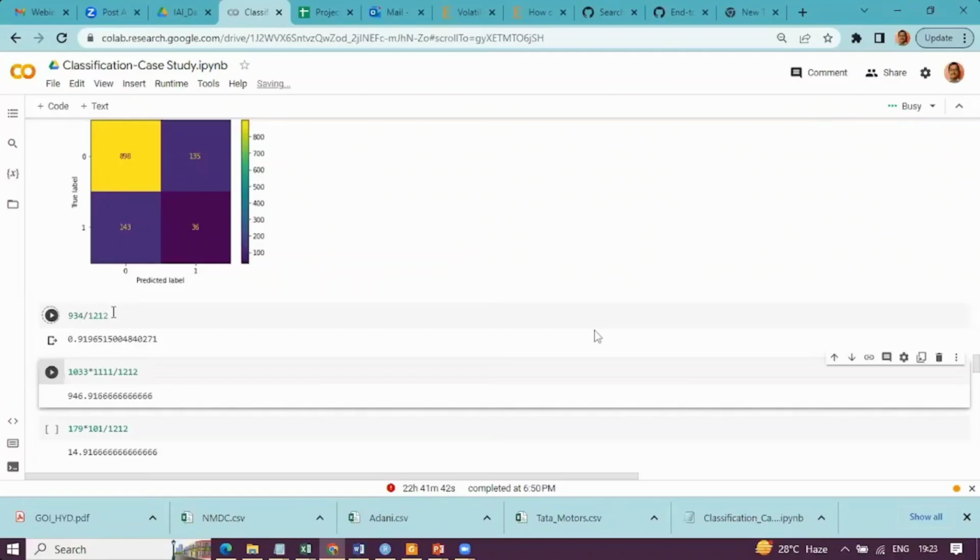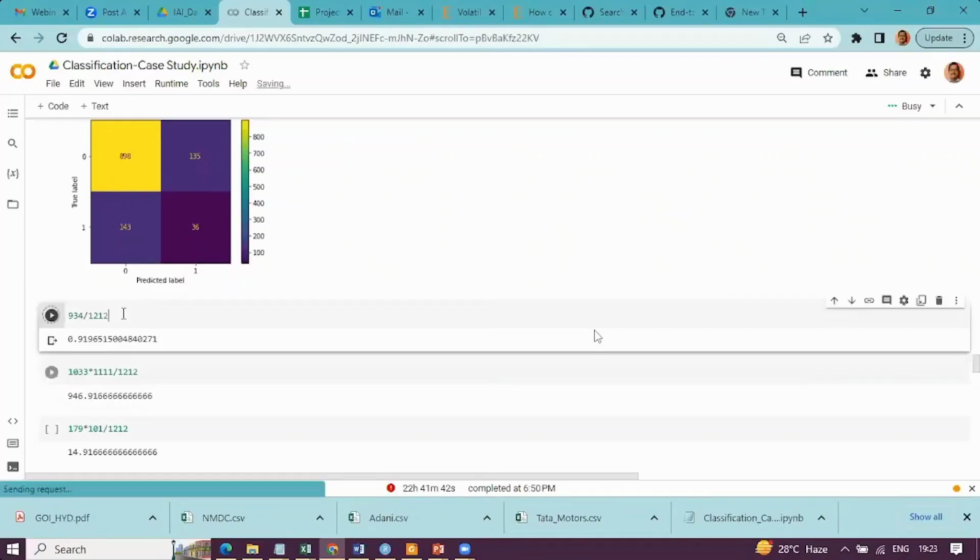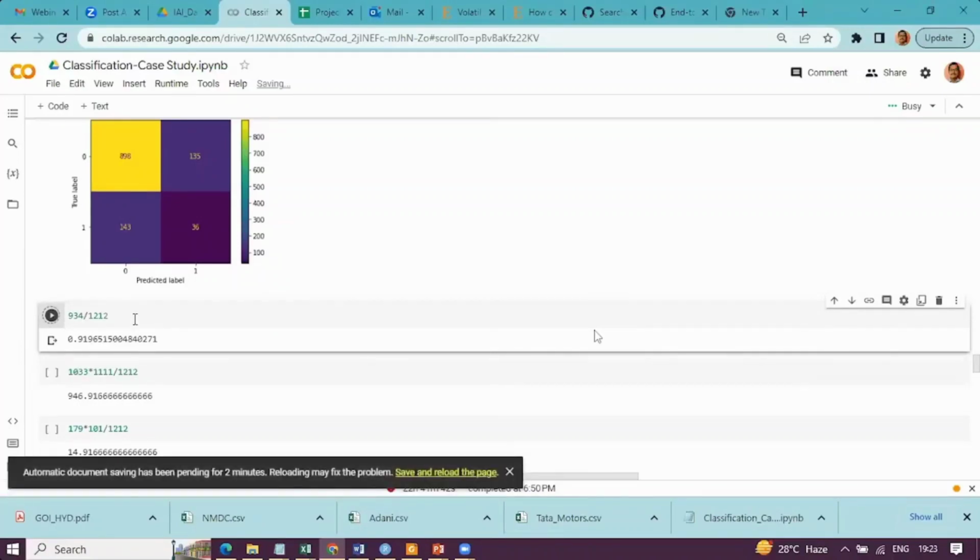Okay, that's what I was worrying. Even Python is taking a good amount of time to run. Let me try to delete the runtime and start again.